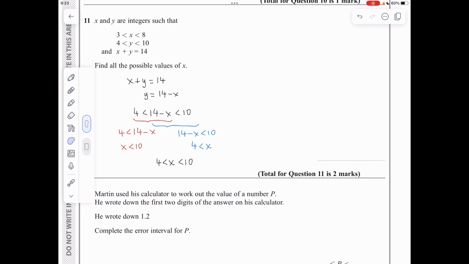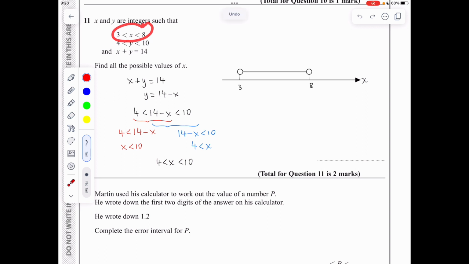And I will then proceed into illustrating all I know on a number line. So we've got x. The first inequality here was telling me that x is greater than 3 but less than 8. So there it is. I'm using open circles to indicate the strict inequality.